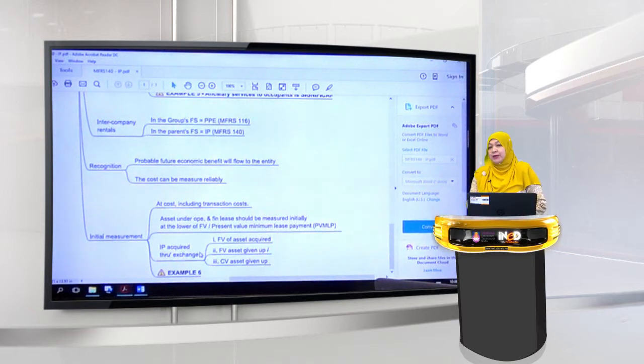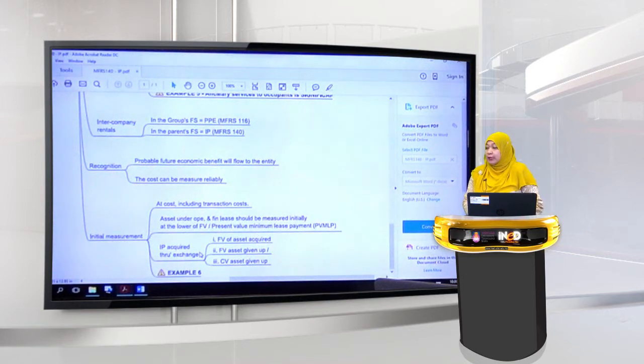For example, if we have an investment property valued at 1 million, and in return for getting the investment property, we dispose 5 units of cars valued at 1.2 million, then when we want to record the investment property in our books of accounts, we need to take the value of the investment property, which is 1 million. Let's say that if you cannot determine the value of the investment property, then we have to rely on the fair value of the asset given up, which is 1.2 million.